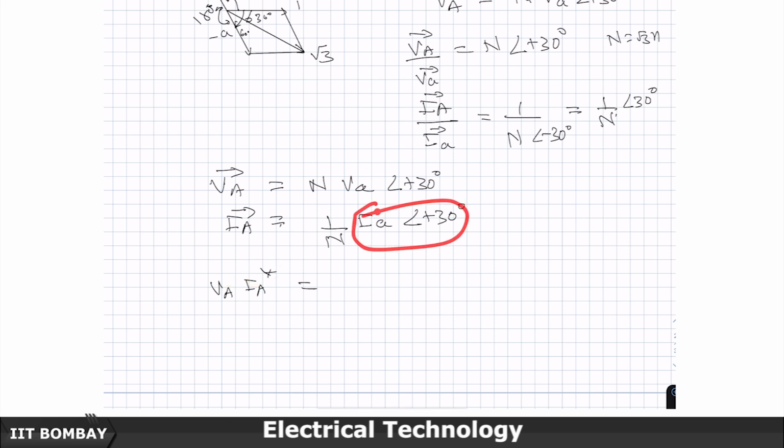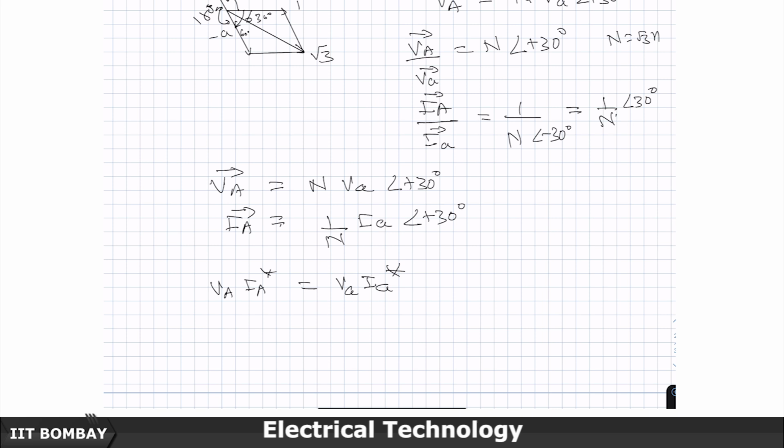When I do a star here, I have to do a star here. So 1 by n remains as it is. IA will become IA star, and this plus 30 degrees will become minus 30 degrees. So when I add it with this plus 30 degrees and minus 30 degrees, it will cancel. So therefore, I get this power balance, which is what I should have.